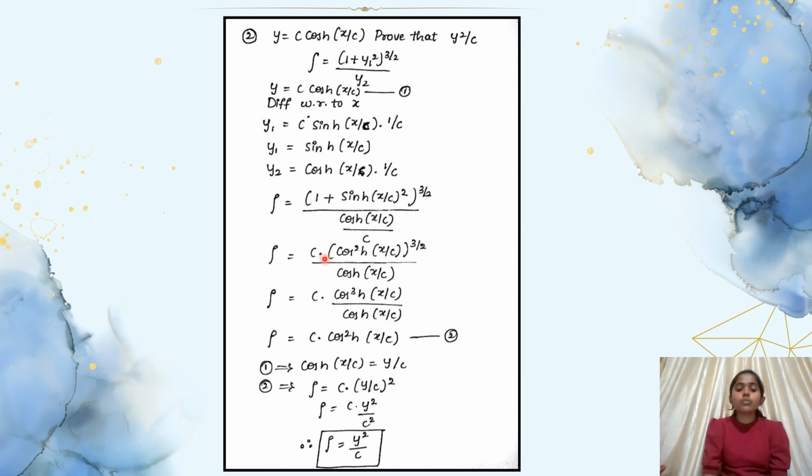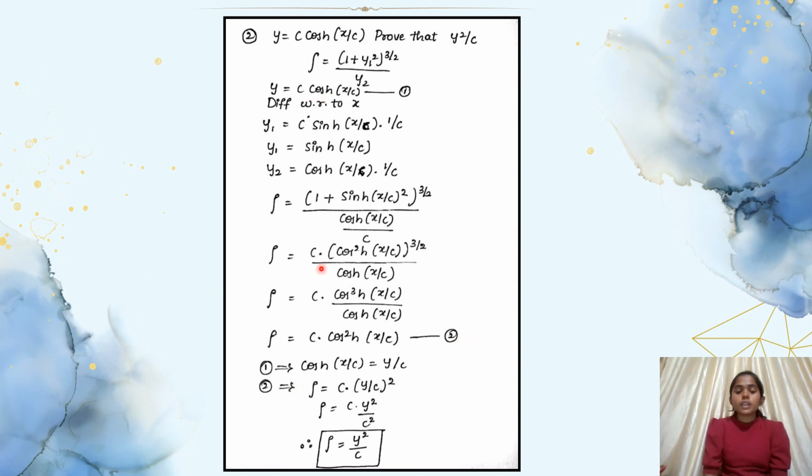Therefore, rho = c into (cosh²(x/c))^(3/2) divided by cosh(x/c). Square cancel. Rho = c into cosh³(x/c) divided by cosh(x/c). Cosh(x/c) cancelled. Therefore, rho = c into cosh²(x/c). This is the equation number 2.